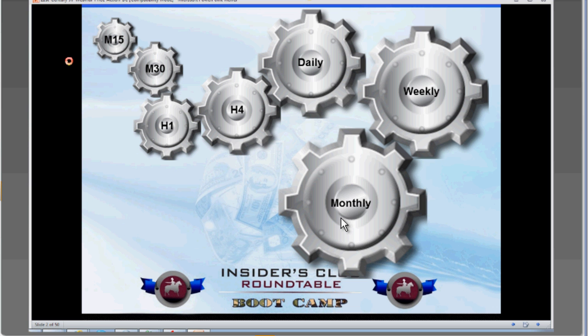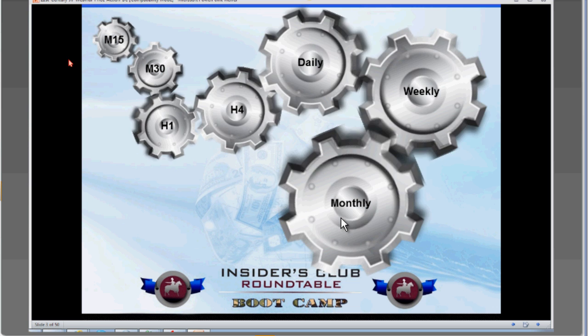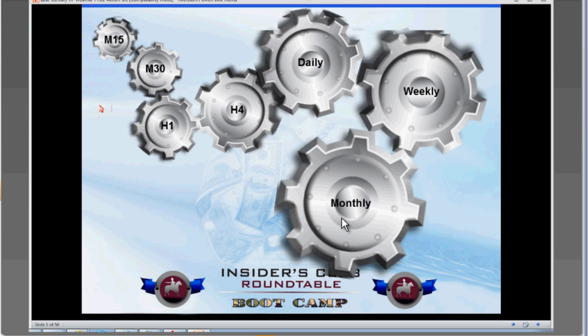What I like to do is begin each presentation showing each of the folks these gears. Now, normally these gears rotate, but they're not rotating in here, so we use this as a 15-minute chart all the way to the far left-hand side over here.